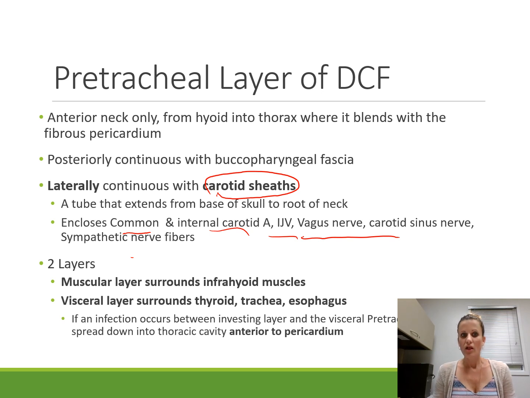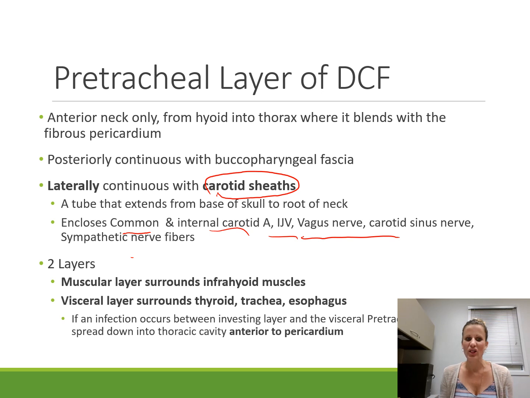sheaths. The pretracheal layer has two layers, the muscular layer and then the visceral layer. The muscular layer surrounds the infrahyoid muscles. So we have, again, suprahyoid muscles above the hyoid and infrahyoid muscles below the hyoid. The infrahyoid muscles include the sternohyoid, the omohyoid, sternothyroid, and thyrohyoid.